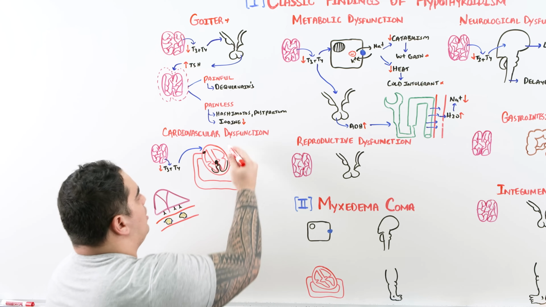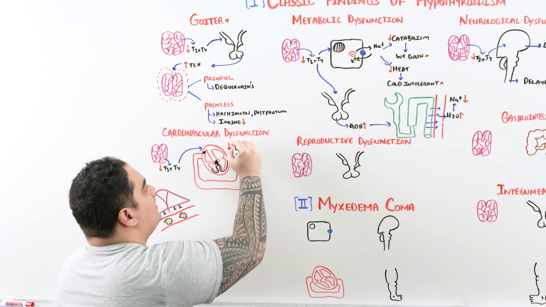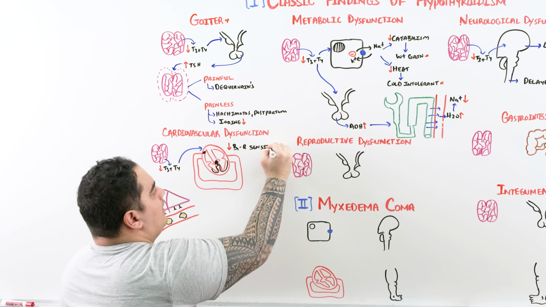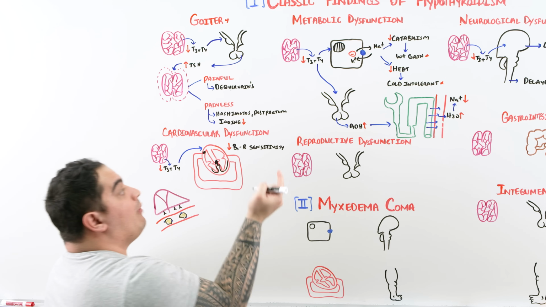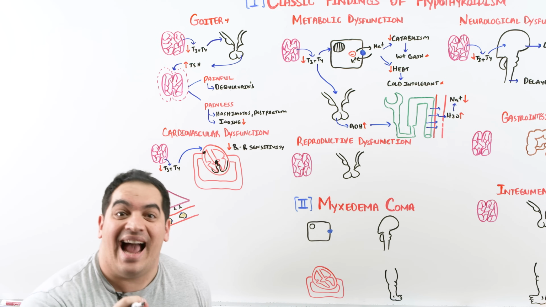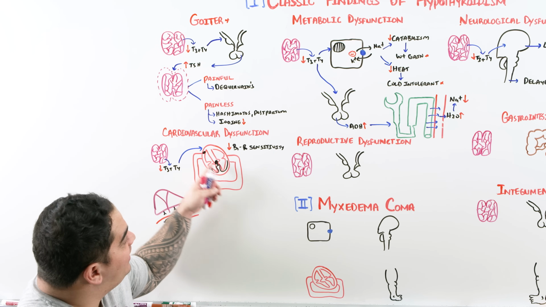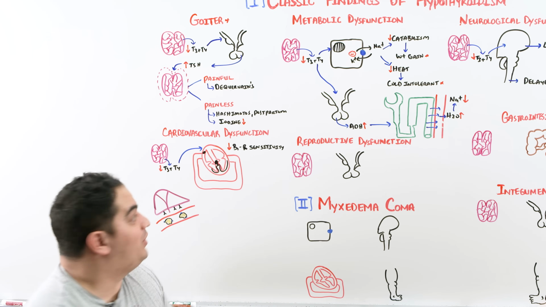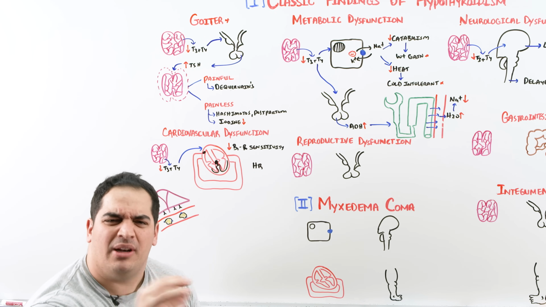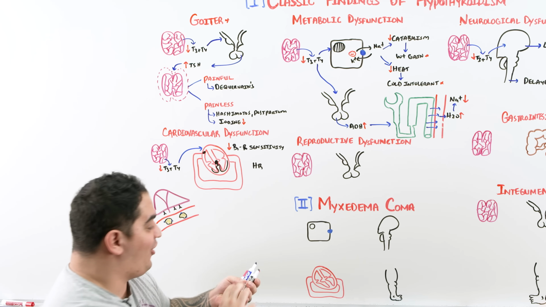When there's low thyroid hormone, there's less beta-1 receptor sensitivity. That means whenever norepinephrine and epinephrine bind onto these receptors, they're less active, less functional. That leads to decreased conduction, which leads to a reduction in heart rate, and also a little bit of reduction in contractility, but primarily a reduction in heart rate.